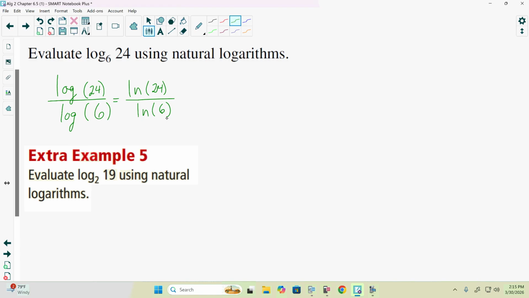Well, we know there's not an integer, because 6 to the first power is 6. 6 squared, 6 times 6 is what? 36. So whatever this value is should be between 1 and 2, yes? Is 24 closer to 36 or 6? 36. So we should expect this result to be closer to 2 than it is to 1.